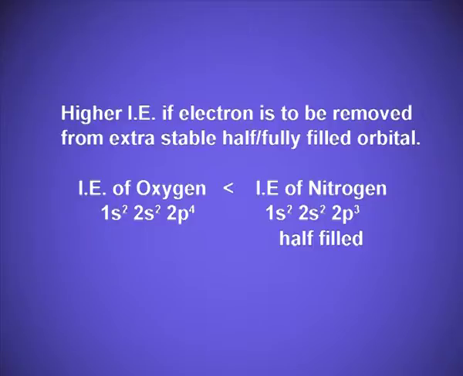The electronic configuration of nitrogen is 1s2, 2s2, 2p3. p3 means it is half filled, extra stable. The oxygen electronic configuration is 1s2, 2s2, 2p4. 2p4 is not as stable as the nitrogen electronic configuration.